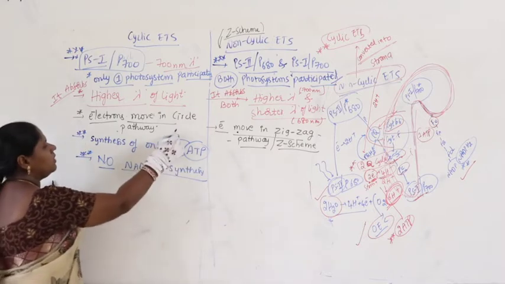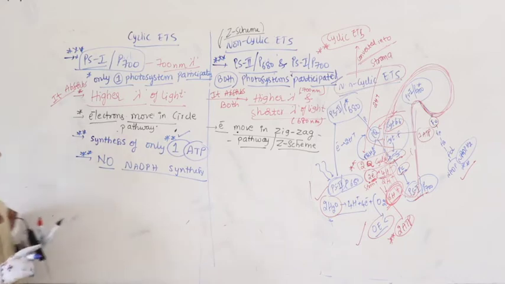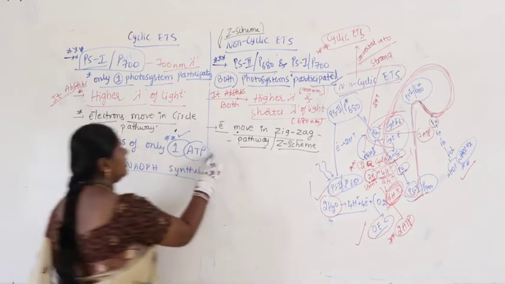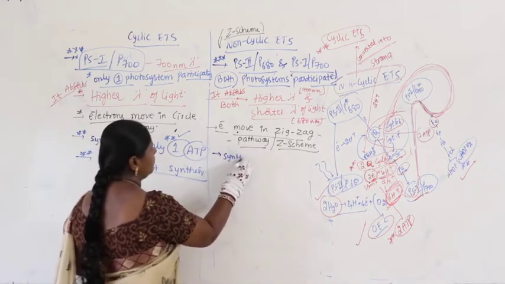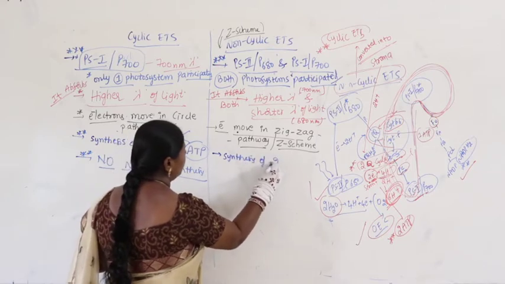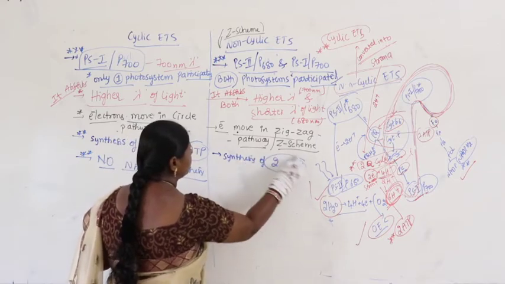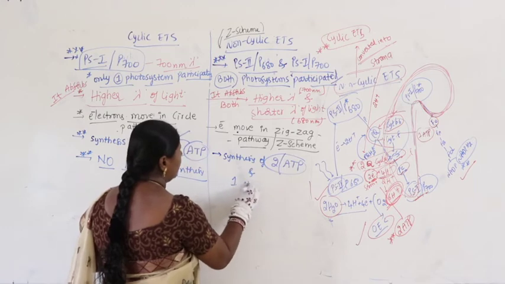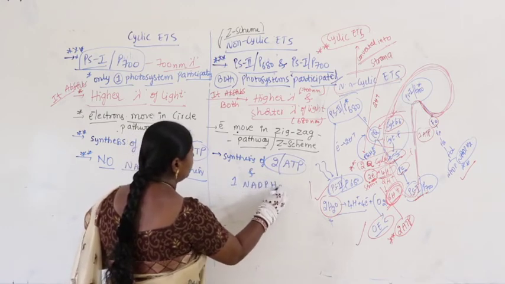So there is only one ATP molecule. Coming to non-cyclic, there is a synthesis of 2 ATP molecules and 1 NADPH2.